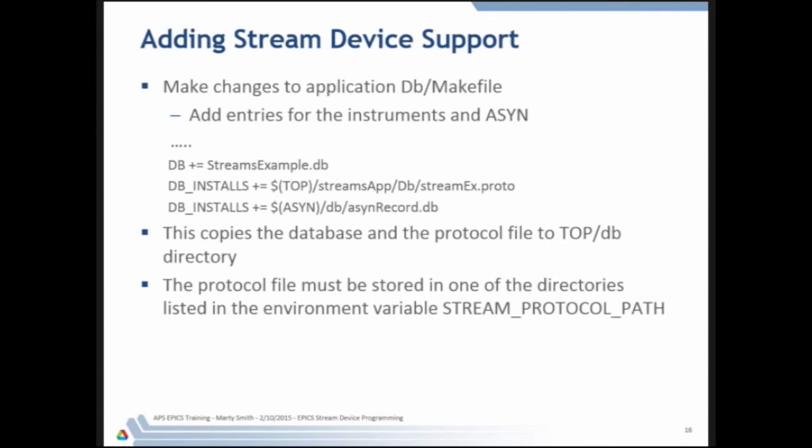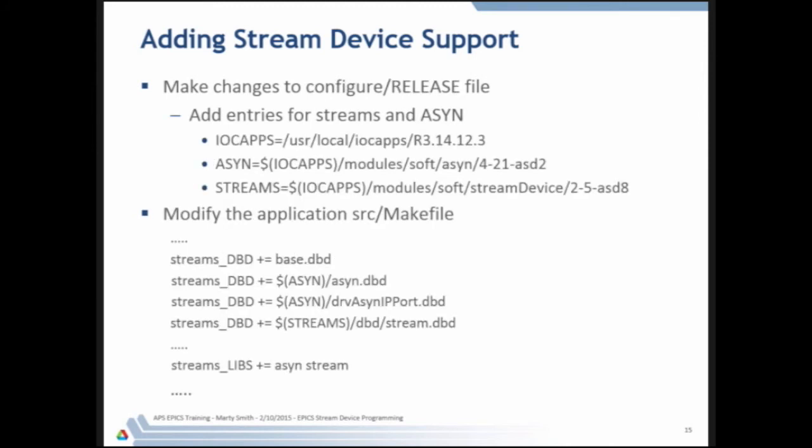And I just load an asyn record because if you want to manually send a command to the device using the asyn octet interface, then you can send that command and you can look at the response, and it's easier to write the protocol that way. So you've got to store the protocol file in one of the directories in the stream protocol path, which will be loaded in the boot file.